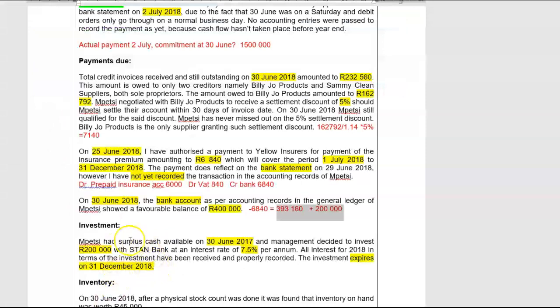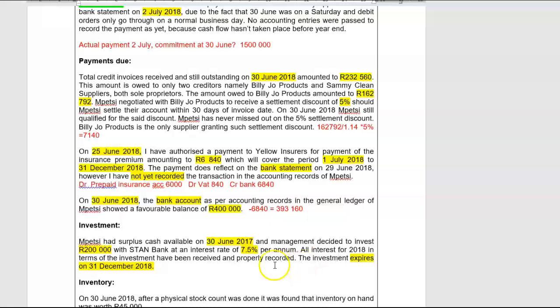What is the definition of cash and cash equivalents? That is all investments that can be liquidated or converted into cash within a 3-month period. Now, from 30 June to 31 December is not a 3-month period. It is a 6-month period. So therefore, it's not part of cash and cash equivalents, but if it did fall within the 3-month period, that would have formed part of our total amount of cash and cash equivalents.